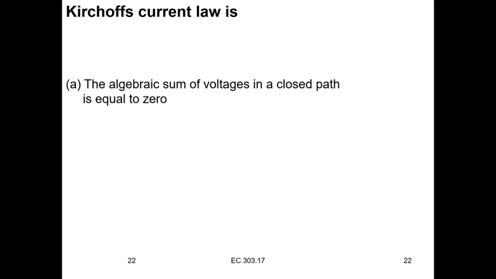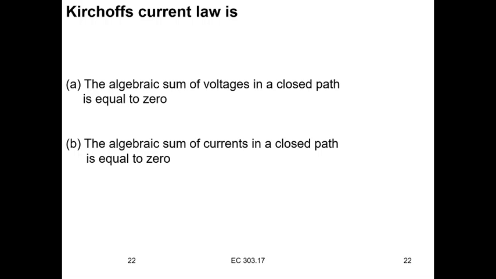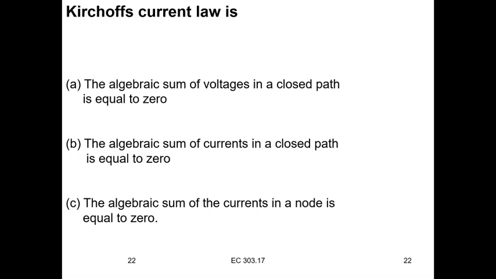Now the Kirchhoff current law. Again repeating here: A, the algebraic sum of voltages in a closed path is equal to 0. B, the algebraic sum of currents in a closed path is equal to 0. C, the algebraic sum of currents in a node is equal to 0.